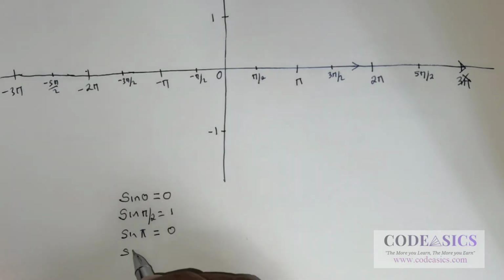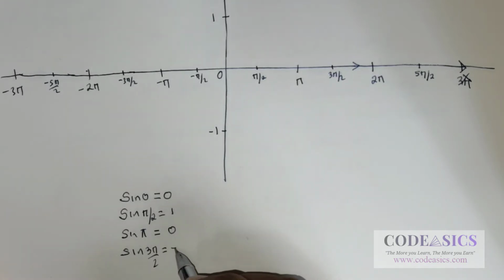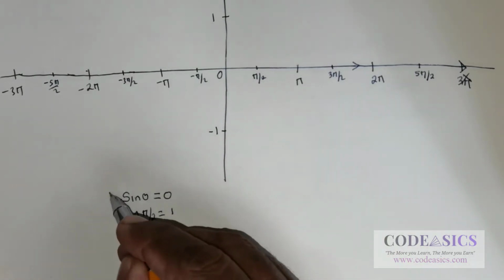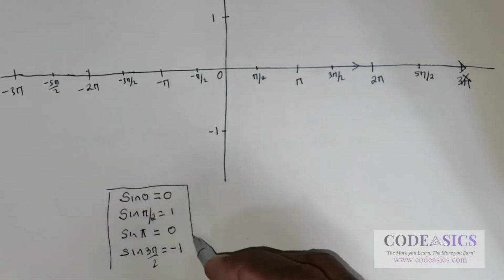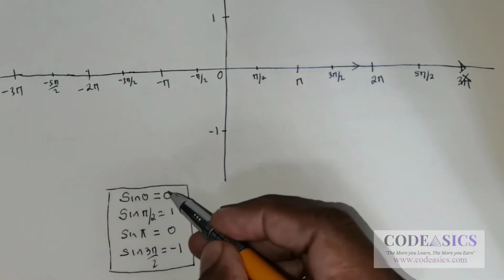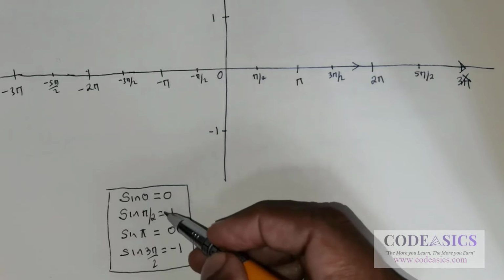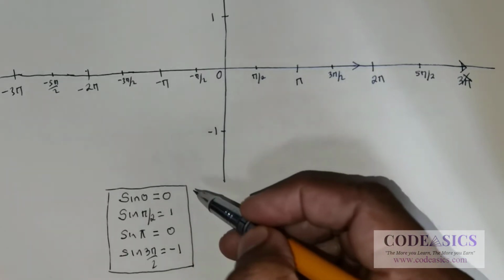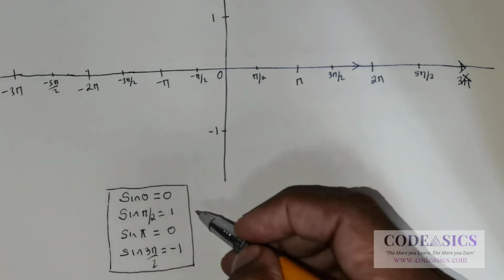Now next value is sine 3 pi over 2 is going to be equal to negative 1. So this is an important value. So these are all standard values which sine will take. So you need to have these points at the back of your mind. So having obtained these points, we can easily graph the sine x function.